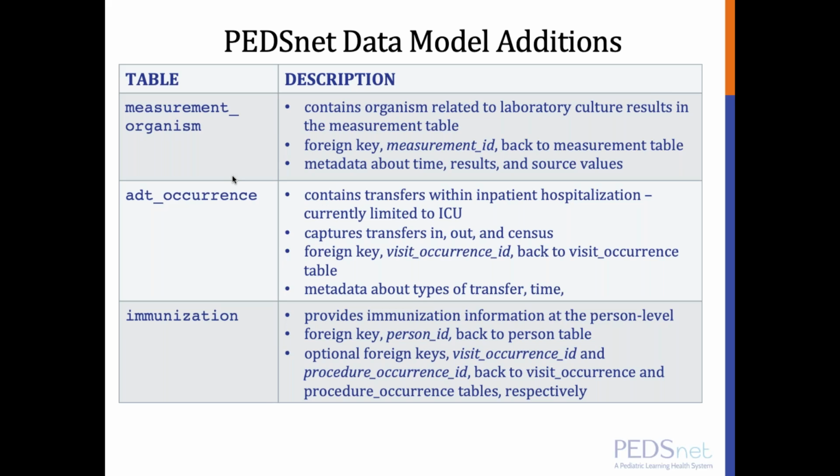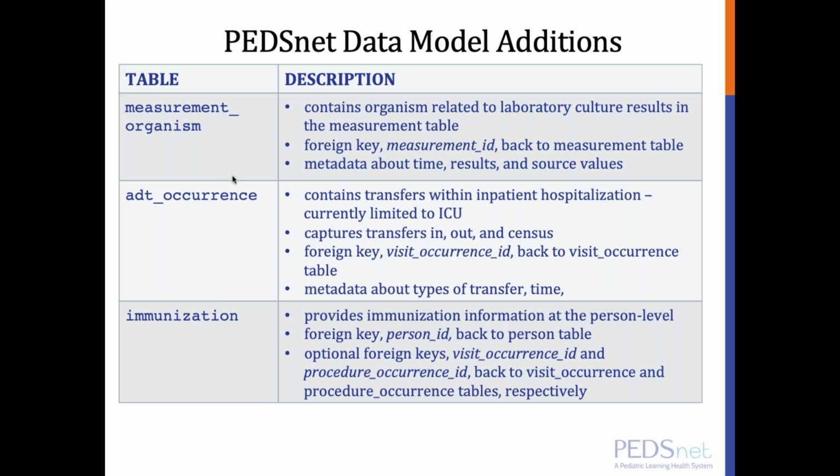ADT occurrence is for inpatient visits. It will tell you whether a patient was transferred to the ICU. So there's a foreign key visit occurrence ID that goes back to the visit occurrence table, so you can link that back to see if that particular inpatient visit resulted in an ICU stay as well.